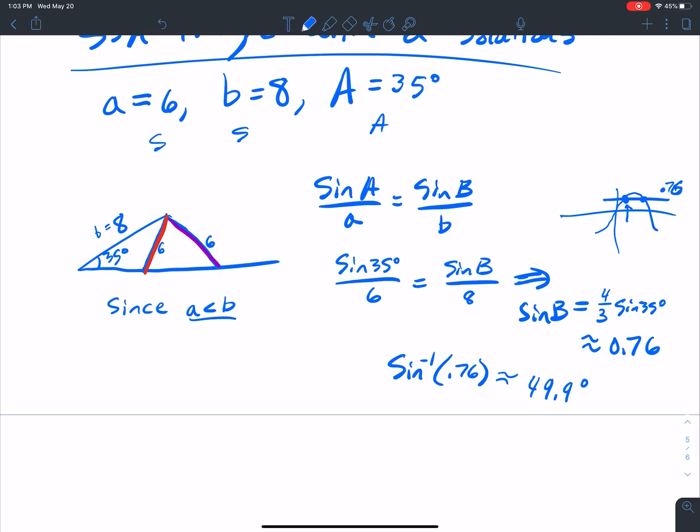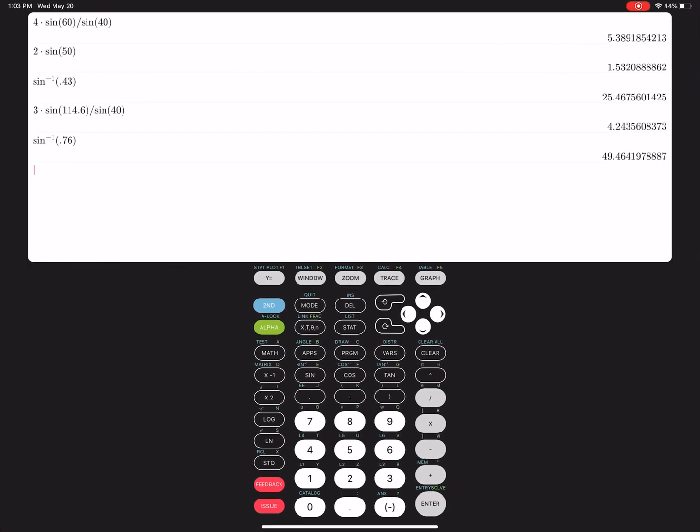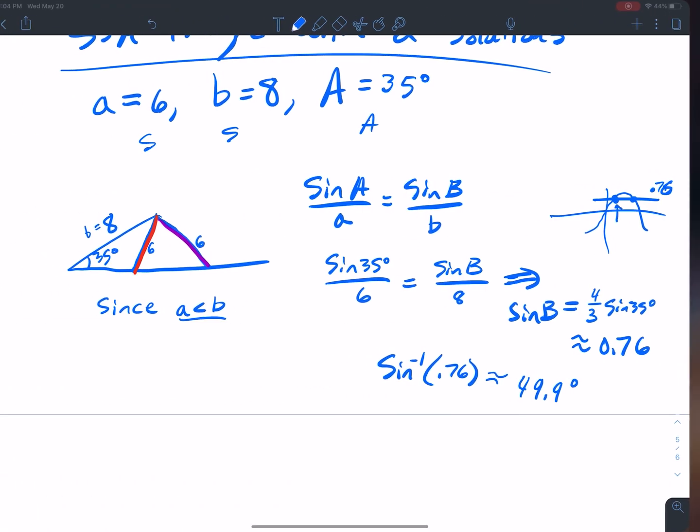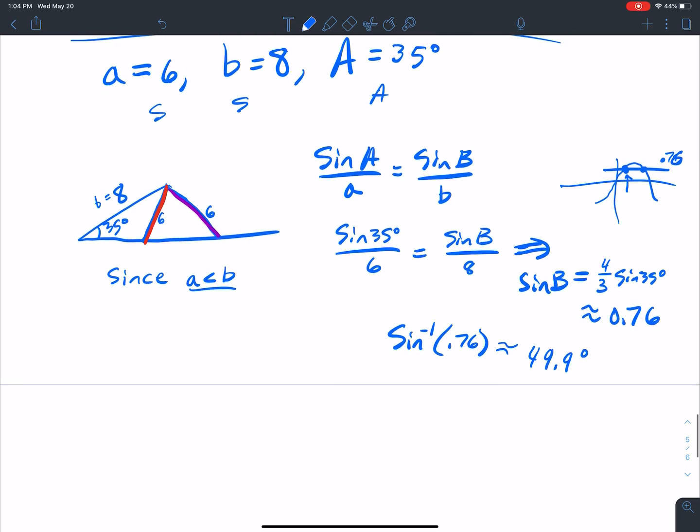If you did this exactly in your calculator, you'd have to do the sine inverse of 4 divided by 3 times the sine of 35, close parentheses. And that's where that 49.9 comes from. So that's a rounding error on our part.